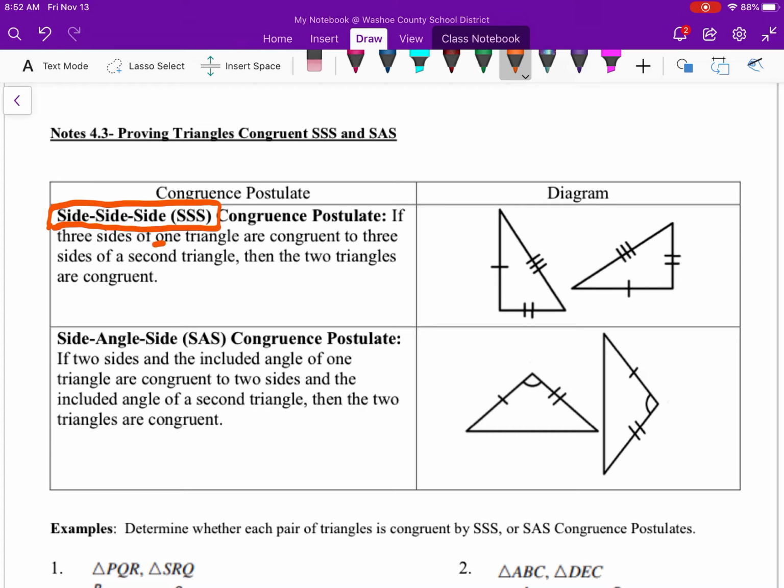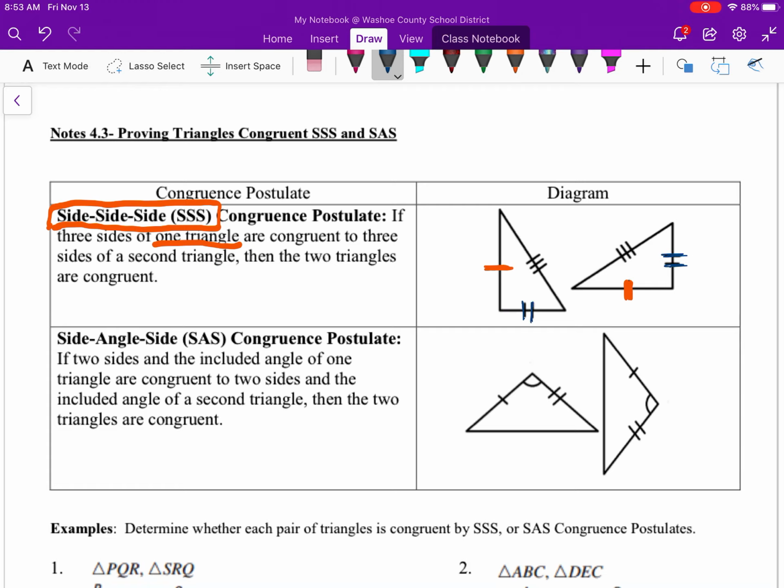This is saying that if three sides of one triangle, so let's say we have this triangle here, correspond and are congruent to the three other sides of another triangle, then you can assume the two triangles are congruent. So this side and this side match. They're congruent because they're both labeled with one mark.